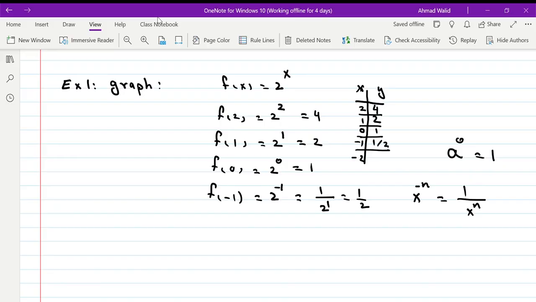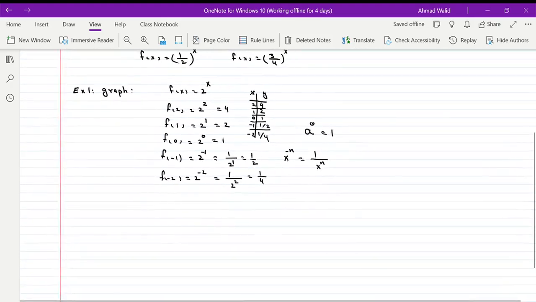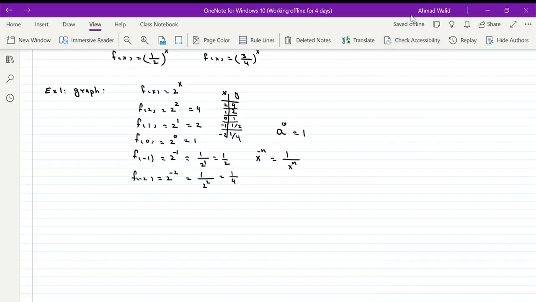Same way, f of -2 equals 2 to the power of -2. It means 1 over 2 to the power of +2, which gives you what? 1/4. Now, using this table, easily I can graph my function. Correct? Let's graph it now.